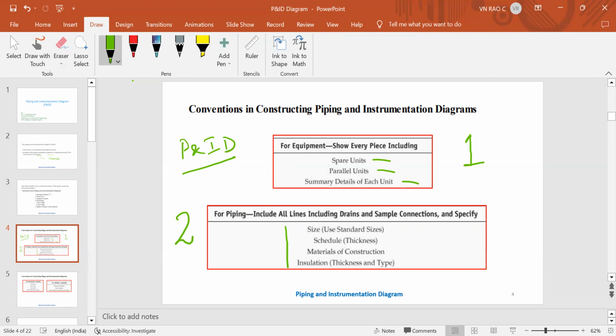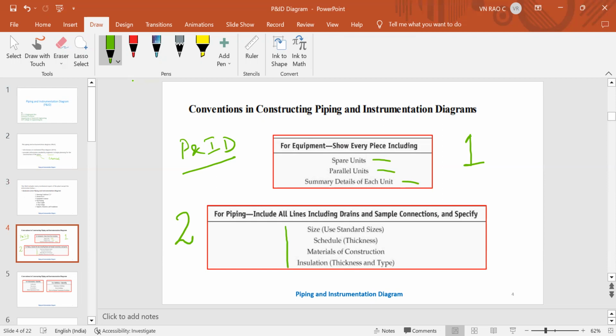We can see in a P&ID diagram where to collect a sample, which valve will allow us to open, and in which pipe it will allow us to drain the fluid.